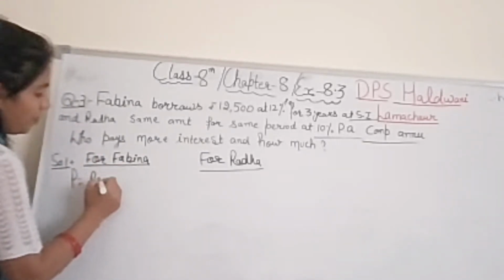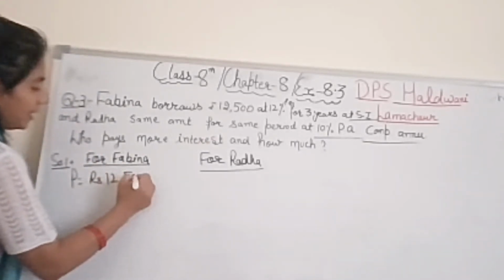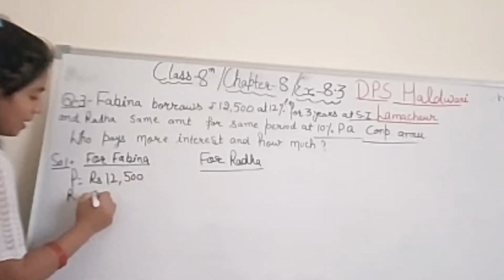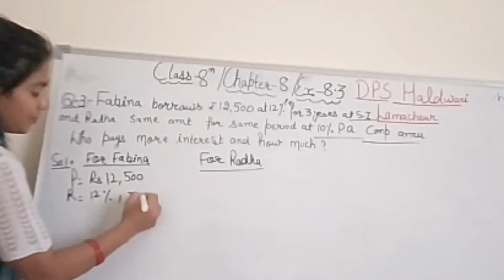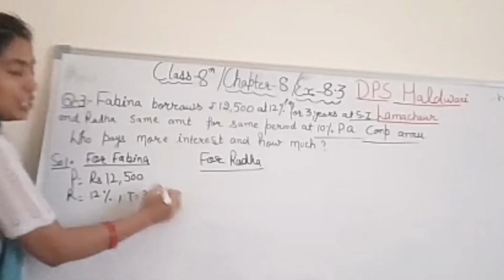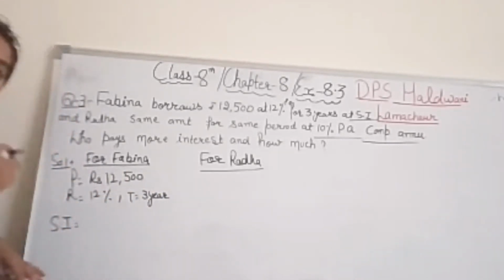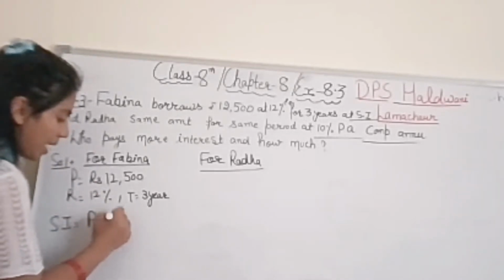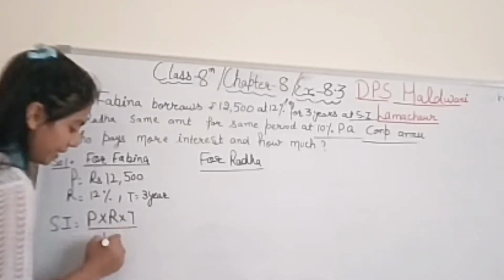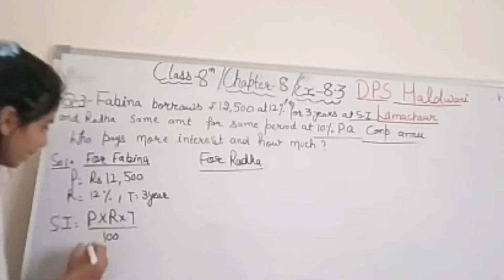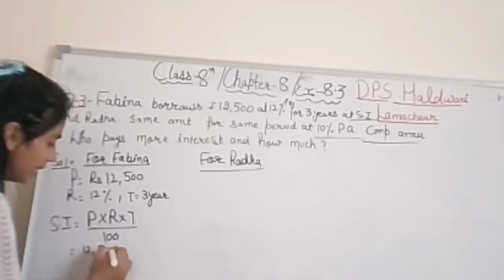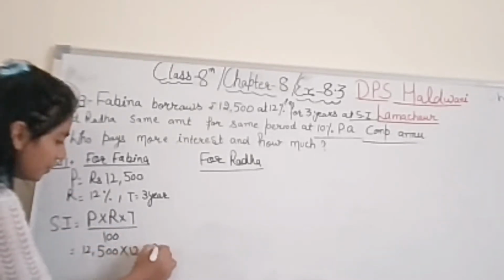Principal is rupees 12,500. Rate of interest is 12% and the time is 3 years. Right? So she took at simple interest, so you will take out with the help of the simple interest formula, P into R into T upon 100. So that would be 12,500 into 12 into 3 upon 100.